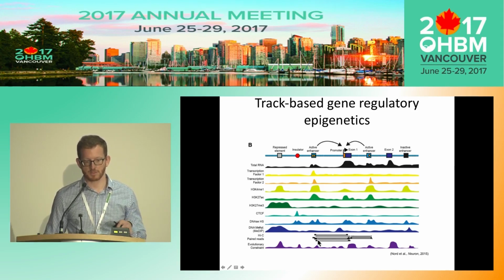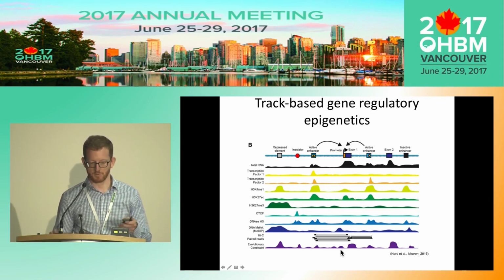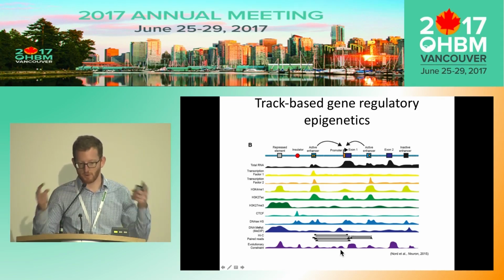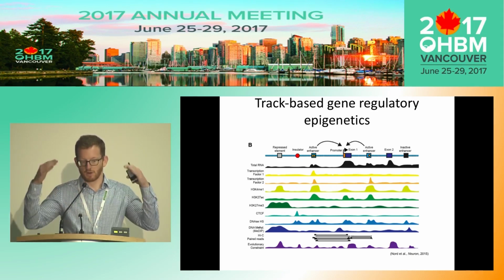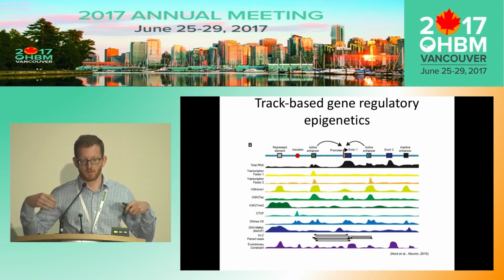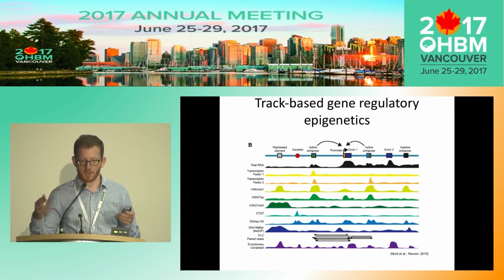And we can also measure things like Hi-C, which I'll talk about a little bit more, which tells us if two regions of the genome are actually touching and interacting together. So with all of these different annotations, you get all of these different tracks for each different cell type. That can tell you something about the functionality of these elements in different cell types.